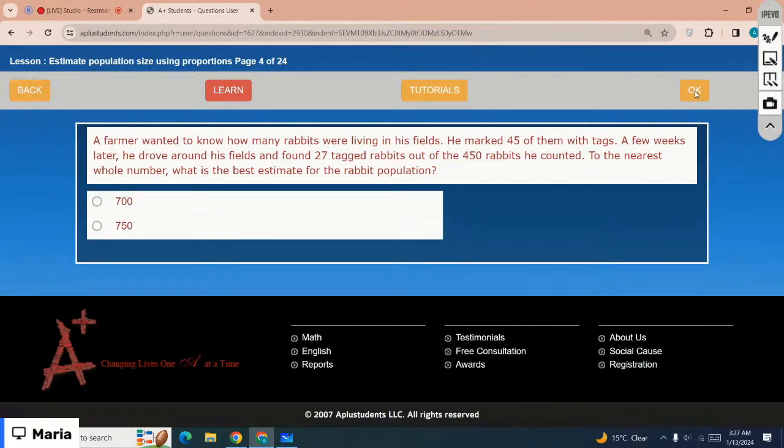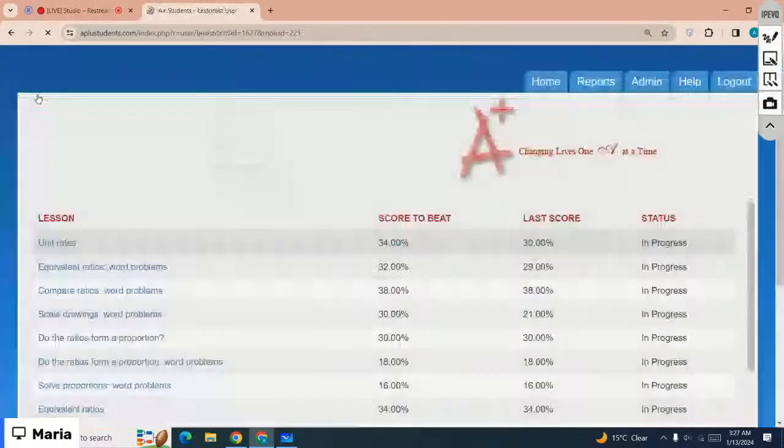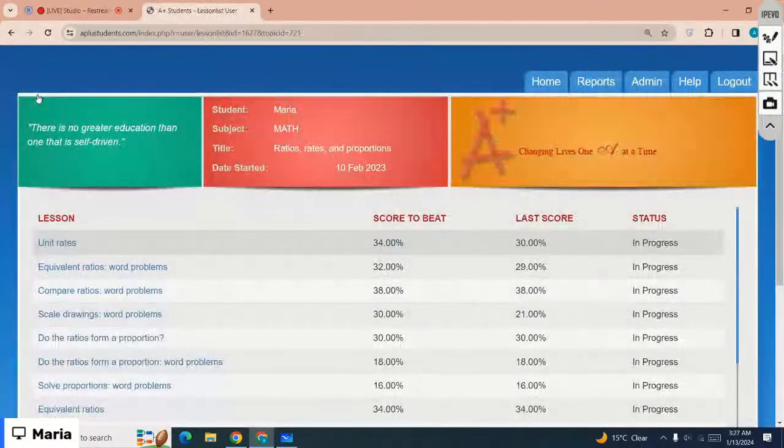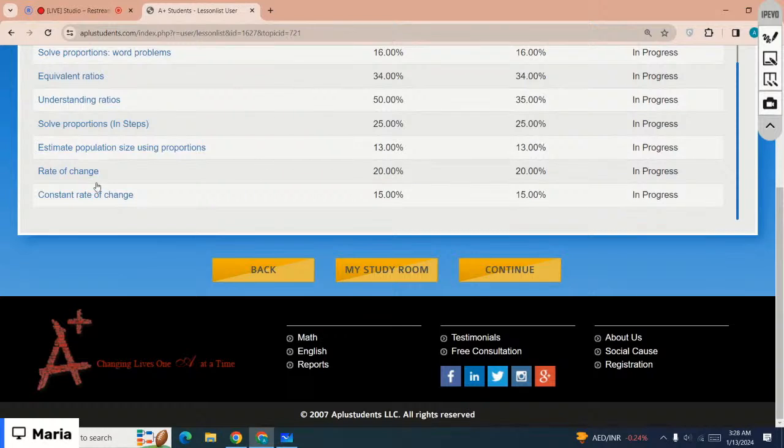So let me just move on to the next lesson. And the next lesson is rate of change.